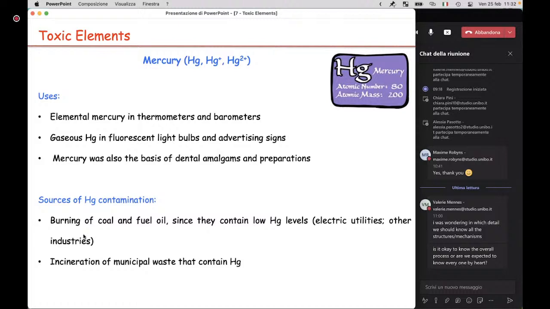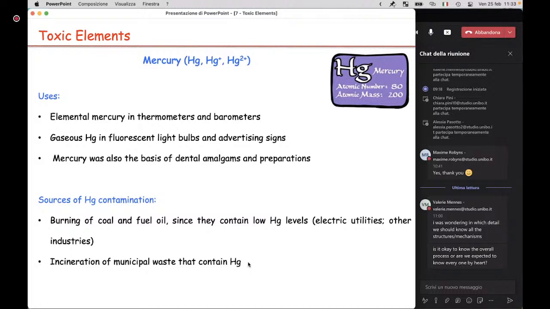And in a similar way, household and industrial waste which is incinerated can contain mercury, which upon incineration will go in the air.